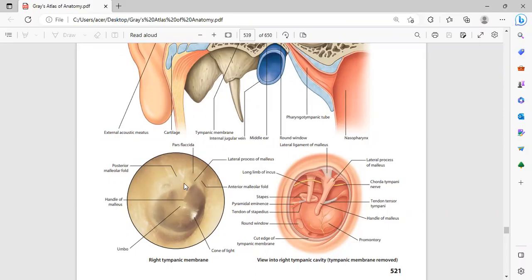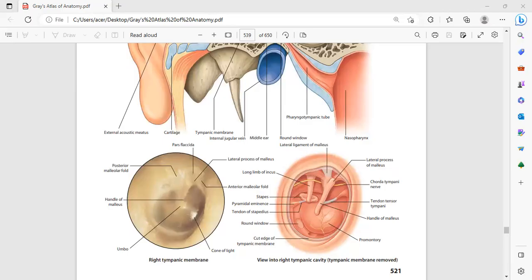Okay, so now coming to the middle ear. This is a simplified version of the middle ear to make it easier.